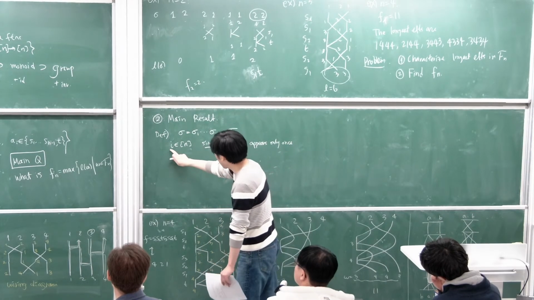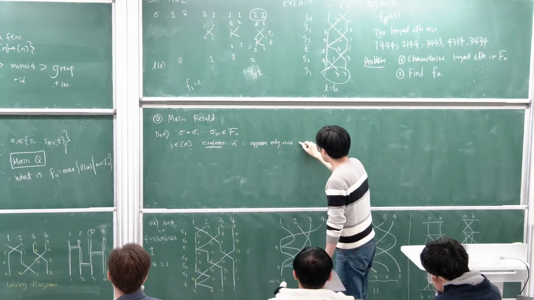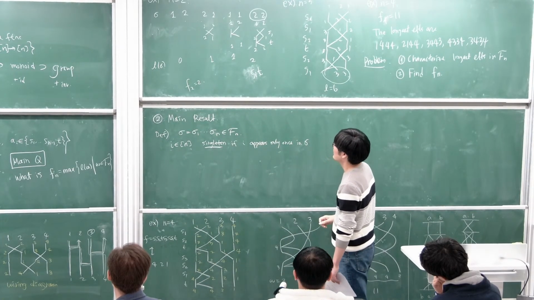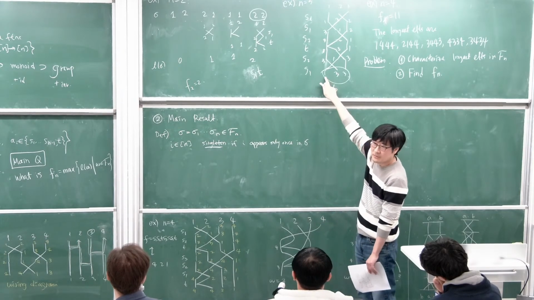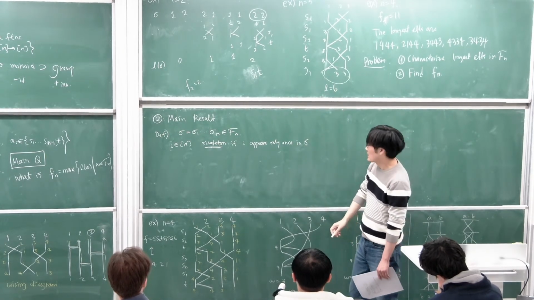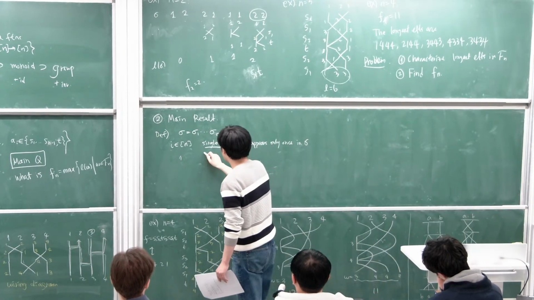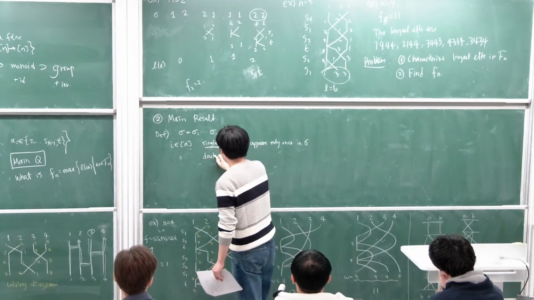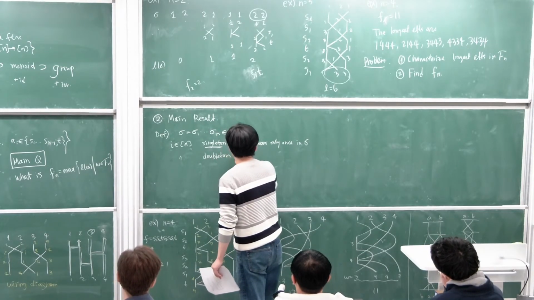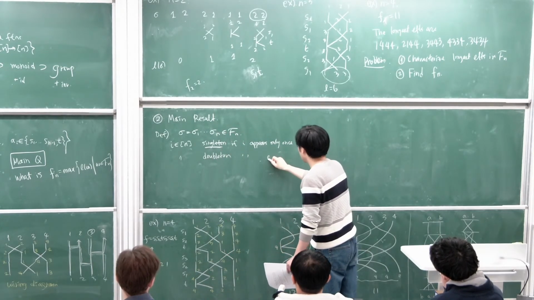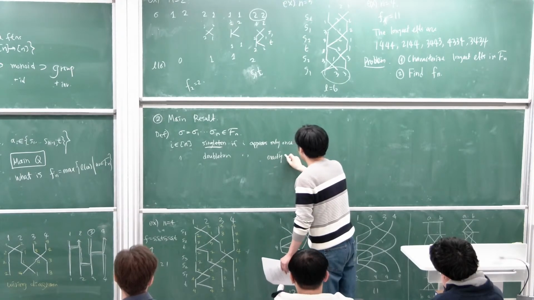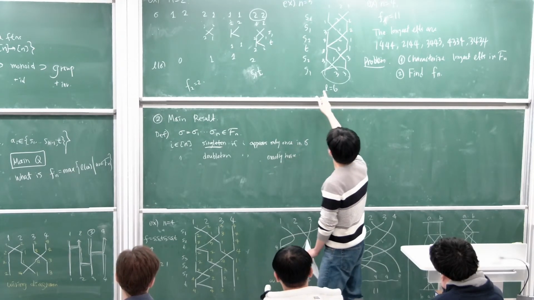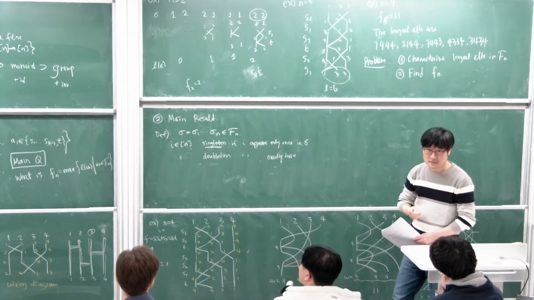No, just i, the integer i, appearing in sigma, like 1. And i is a doubleton if it appears exactly twice. Like this, the 3 is a doubleton.